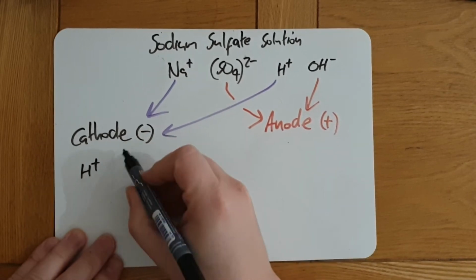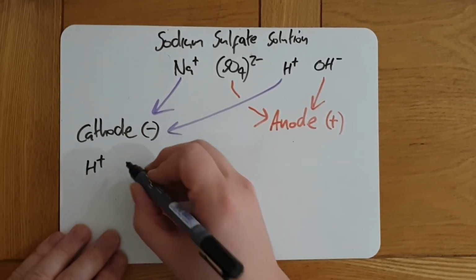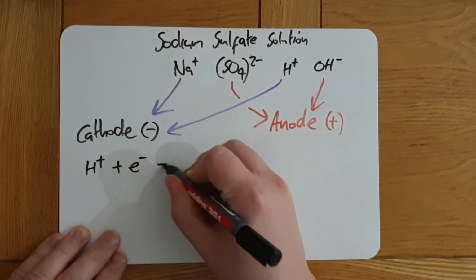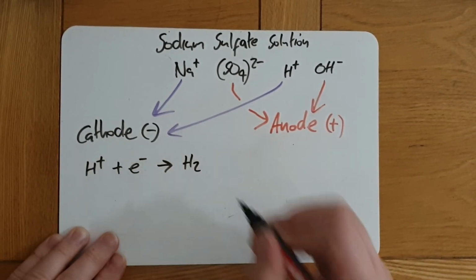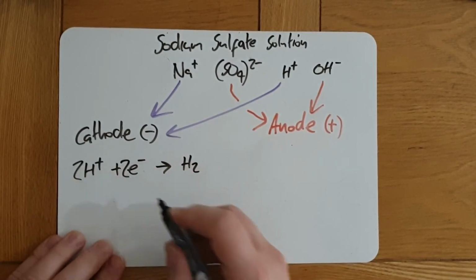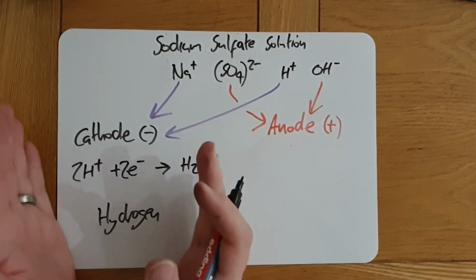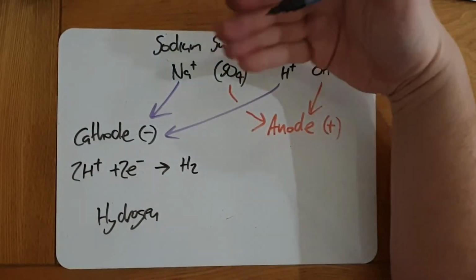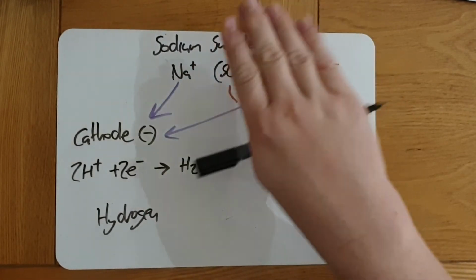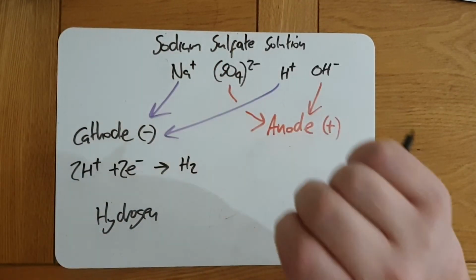H plus is at the cathode, so it's reduction, which means oil rig. Reduction is gaining electrons. And if you remember, it was H2, which means we need two hydrogens, which means we need two of those, and we're making hydrogen. That is exactly the same thought process. It's a carbon copy of the previous one. The previous one was sodium chloride, but we don't care about the other part. It was sodium, so it's exactly the same as before.